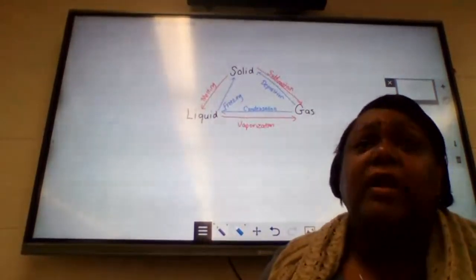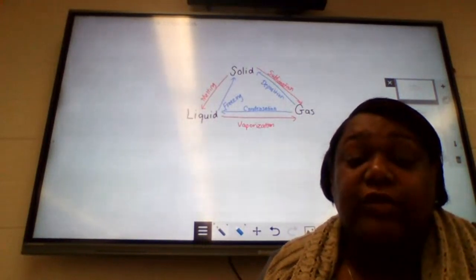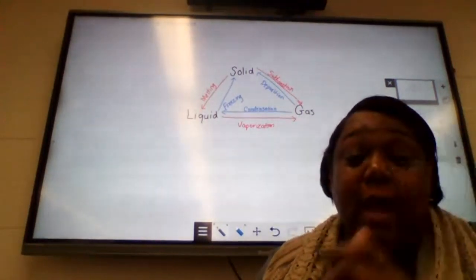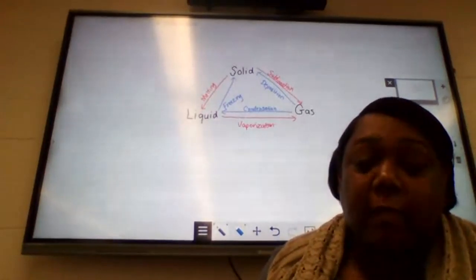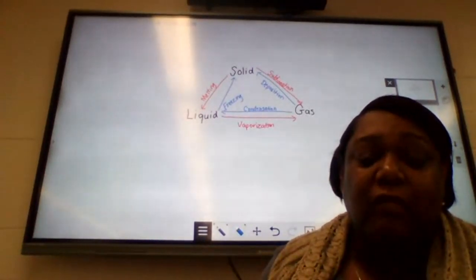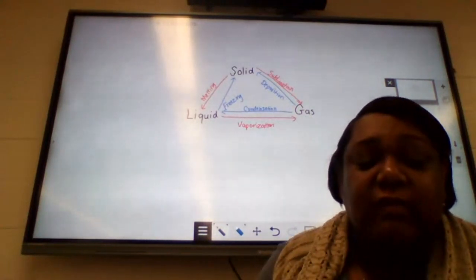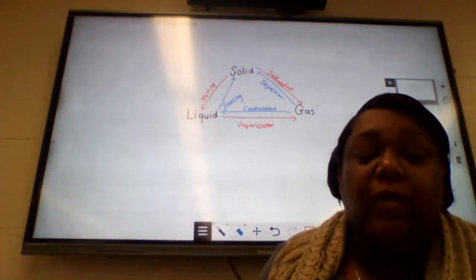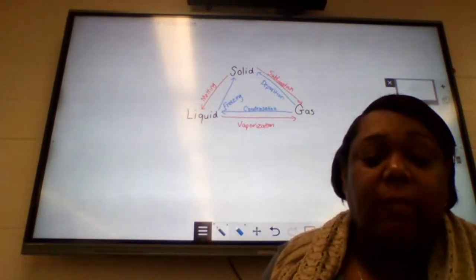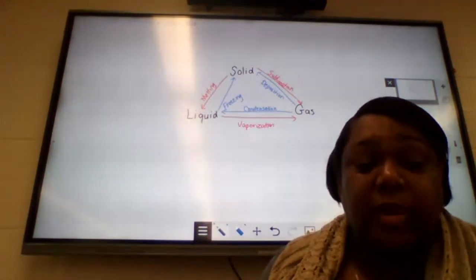Another example of sublimation occurs when you're dealing with mothballs. Mothballs are solid, but shortly after you put them out, if you go back and look at them, you don't see a puddle of liquid. You still see the solid there, but you can smell the smell that comes from mothballs. So those are a couple of examples of sublimation.